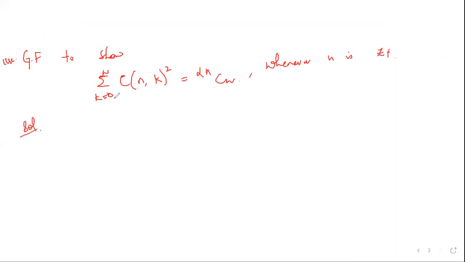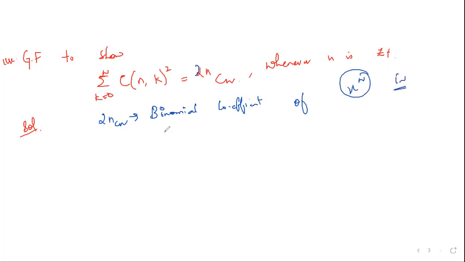Now for this solution, what we are supposed to do is, we know what the coefficient is, so we are taking this side and we are saying that 2nCn is the binomial coefficient of x^n in which kind of formula?